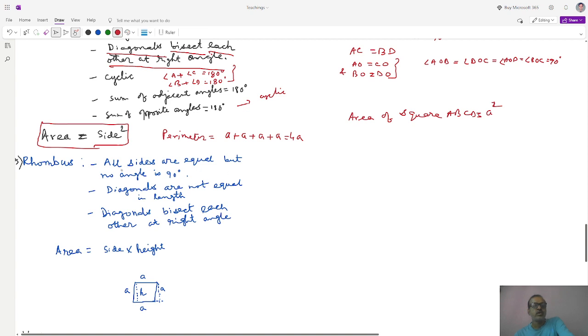Rhombus has all sides equal but no angle is 90 degrees. So it will look like that. All sides are equal, let it be a, but no angle is equal to 90 degrees.